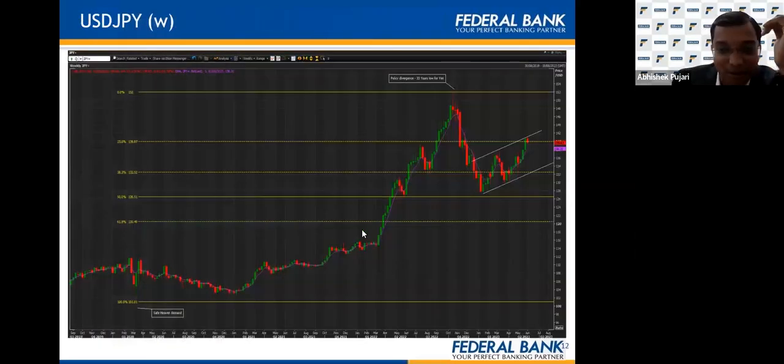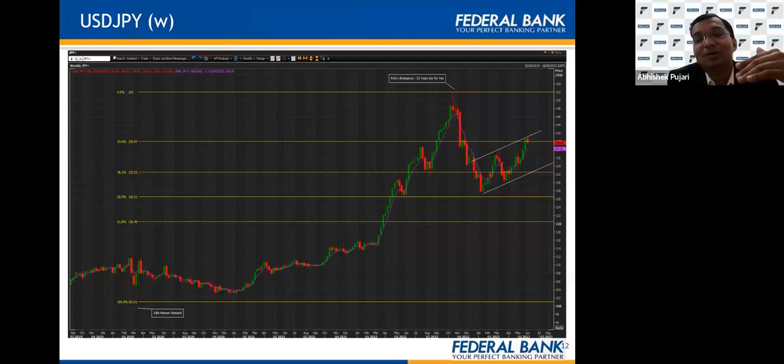Since 2021, the Japanese monetary policy, till date, has maintained its policy stance at minus 0.1%. However, in the US, we have seen almost 5%, that is 500 basis points of rate hikes, as compared to yen. In this period, as Japan was unable to hike interest rates, yen fell against USD because carry trades were originating out of Japan, and funds were moving from a low-yielding currency to a higher-yielding currency.